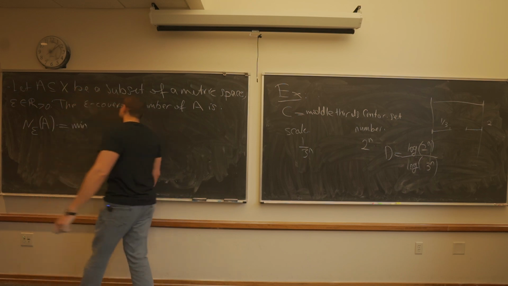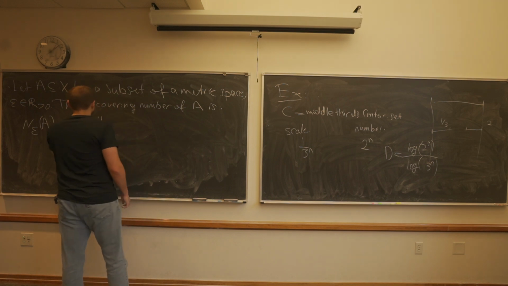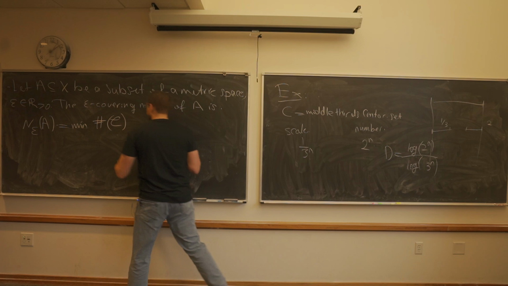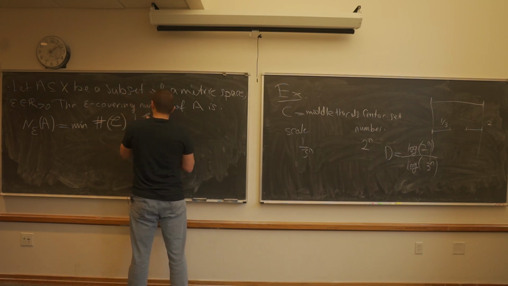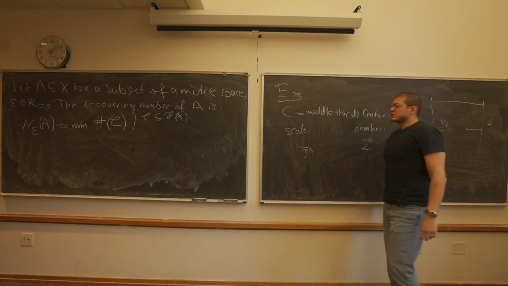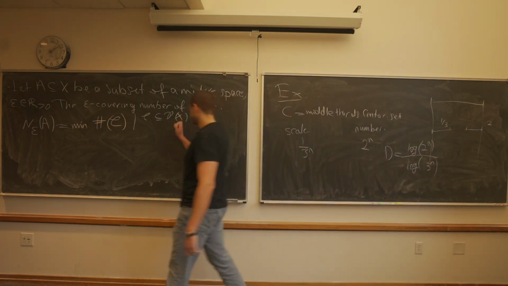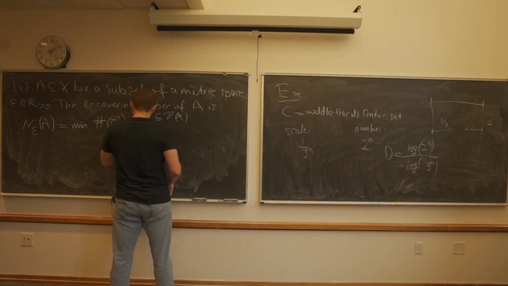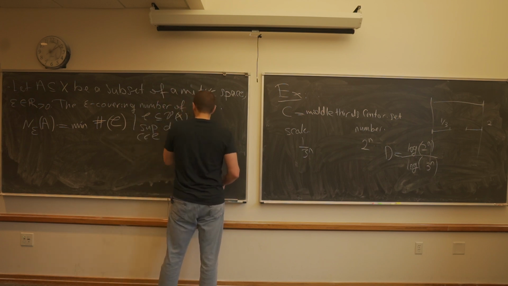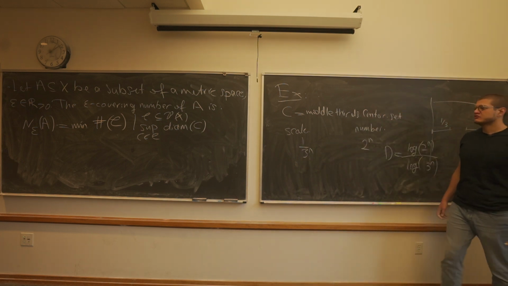It is going to be the minimum of all integers, so the number of elements in curly C, where curly C is a collection of subsets. Recall that P of X was the power set, the collection of all subsets of X. I want the diameter of each cell in this cover C to be bounded by epsilon.